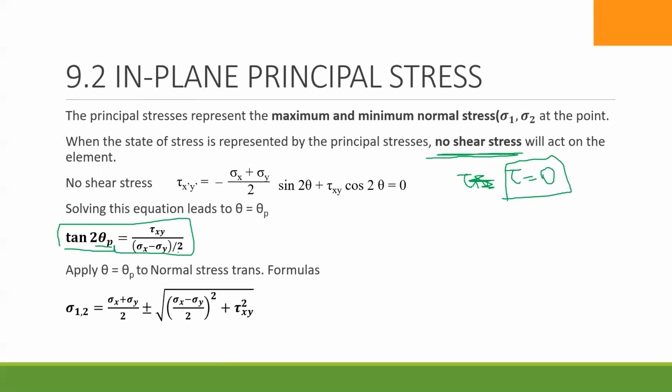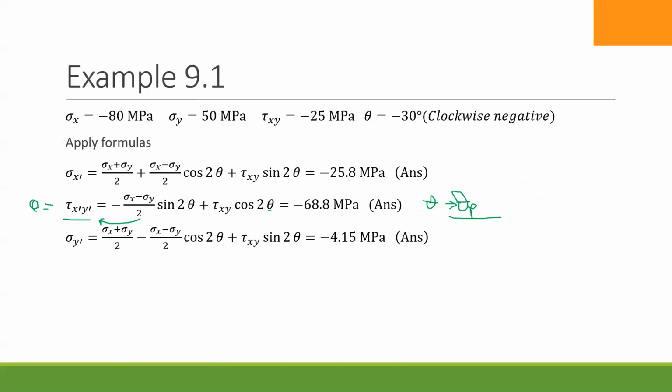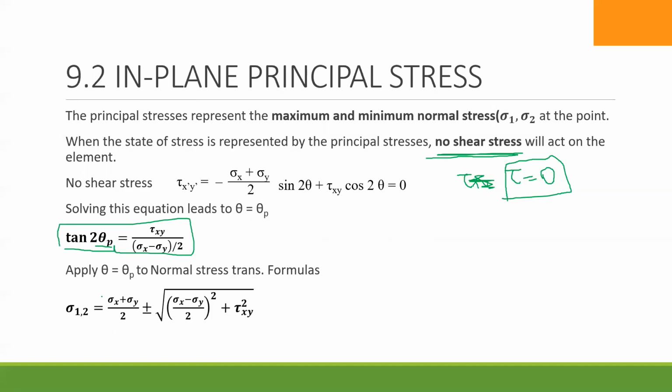Theta p is the orientation angle of the principal stresses. If I apply this relationship to this formulation, instead of cosine theta and sine theta, for tangent 2 theta p, we will get this formulation.